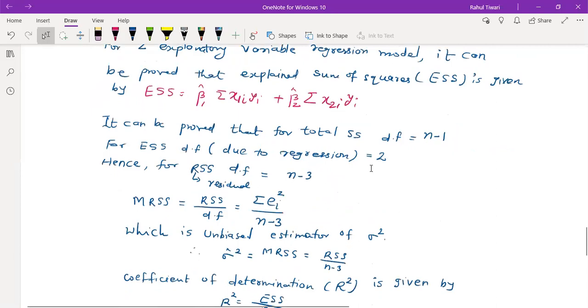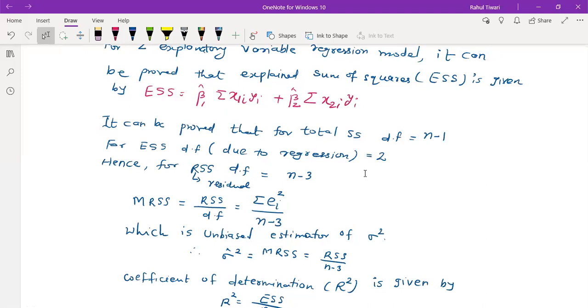And we have the degree of freedom due to regression.